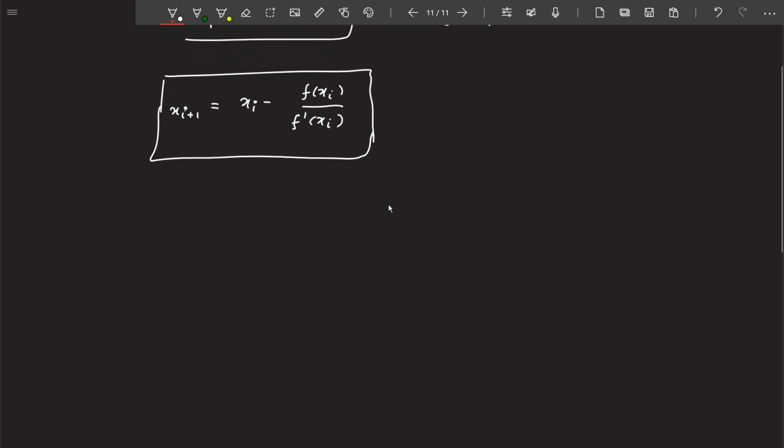So let us solve one problem here. This time I am going to take a transcendental problem which involves an exponential. The problem says that a function is given, f(x) = e^(-x) - x, and we have to find the root of this function, number one, using the Newton-Raphson method.